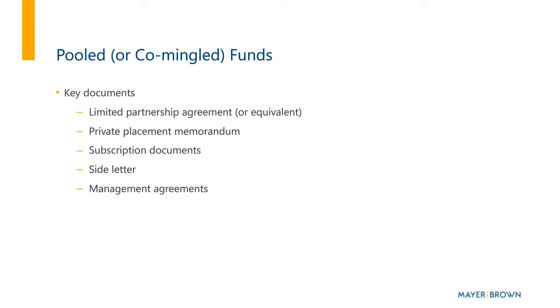In addition, an investor may be offered or may ask for a side letter setting out additional terms agreed on a bilateral basis between the fund manager and the investor, but which are not applicable to all investors.